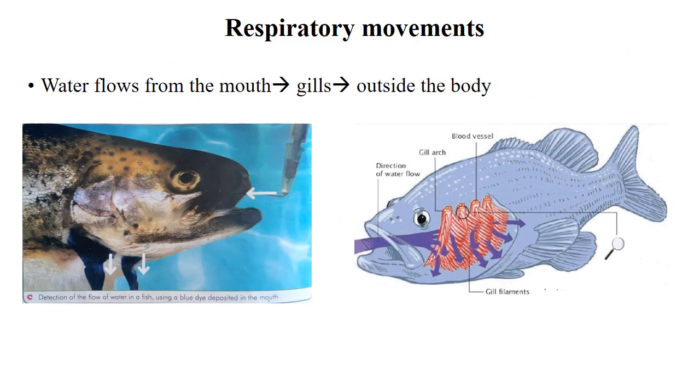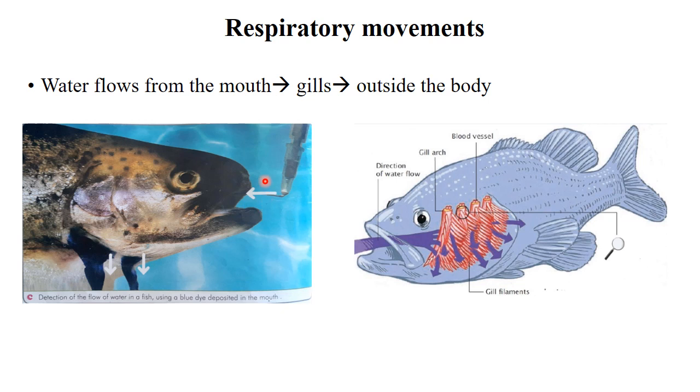So let's talk about the pathway of the water flow inside the fish. Water flows in the mouth, then it reaches the gills, gas exchange occurs here, and then the water leaves out from the opercula. How did scientists know that?